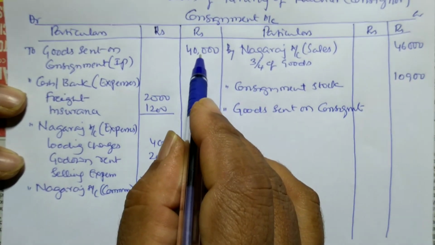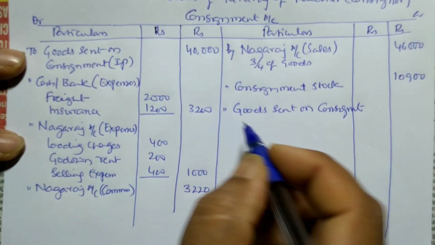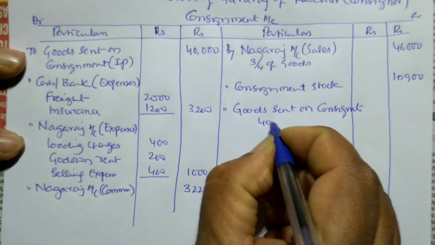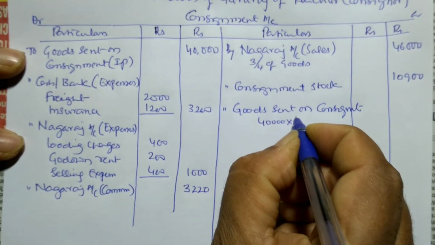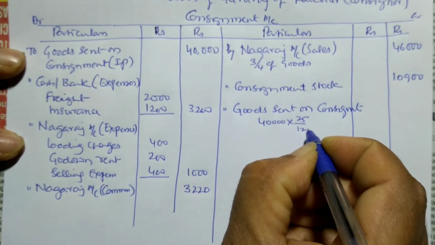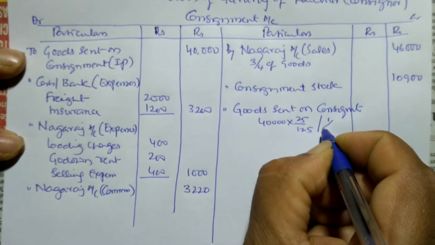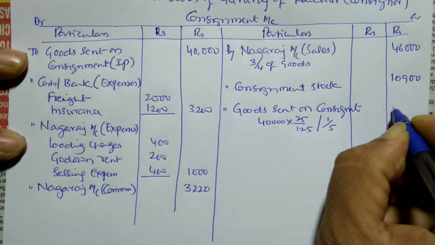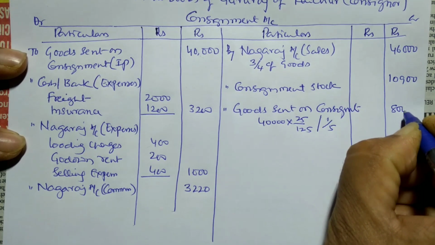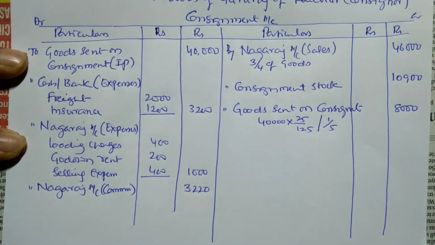In this 40,000 amount, the loading is included: 40,000 into 25 by 125, or 1 by 5. So 8,000 loading is included in rupees 40,000.